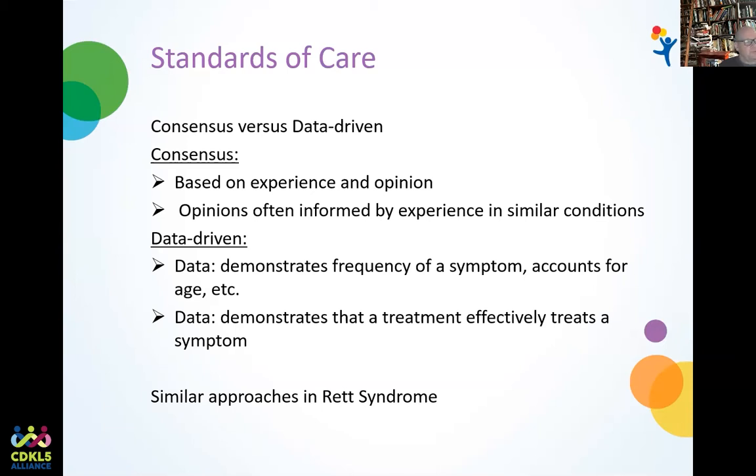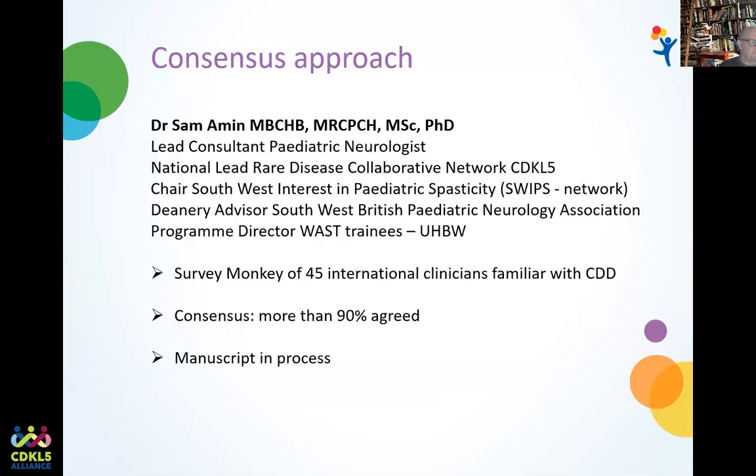Data-driven means that there's data that specifically says how often a symptom is present in the population. And this sort of data would account for age and other factors. And then data also demonstrates that a treatment effectively treats a symptom. Similar approaches for this have been developed in Rett syndrome.